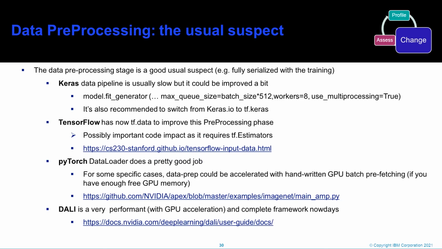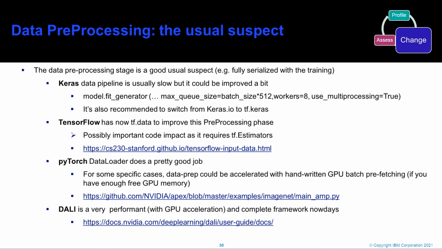Depending on the framework you are using, you can consider several changes. For example, if it's Keras, we know that it's a very simple framework, and the data pipeline could be improved, but not that much.